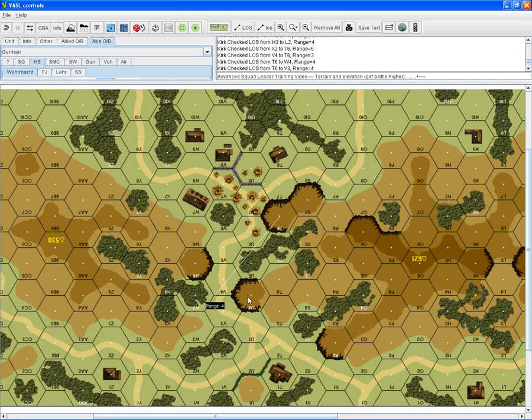Let's look at U4 and W8. Can I see W8? Well, let's take a look. Nope. The reason is it hits this, which is going to create a one hex blind spot, which would be here. You see that, it's blocked by that.